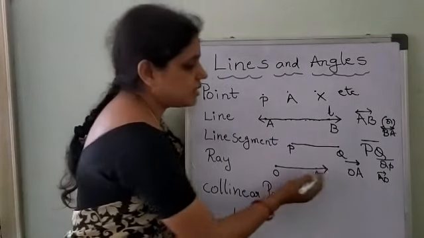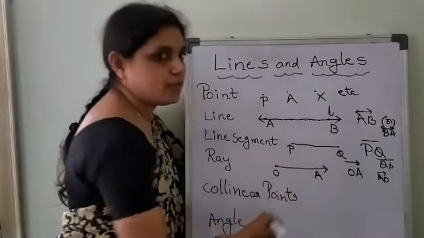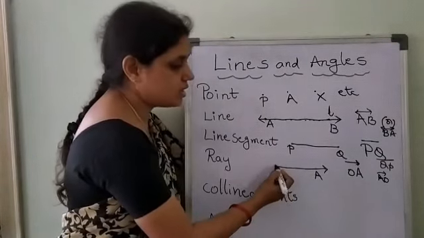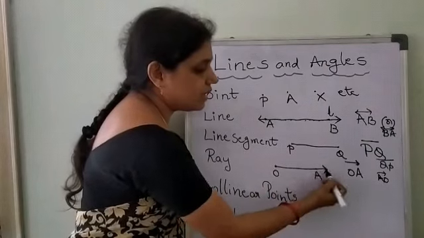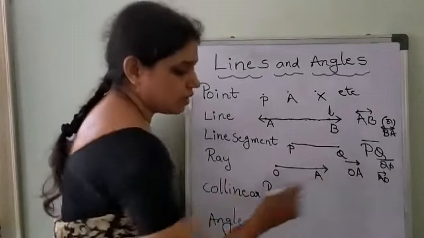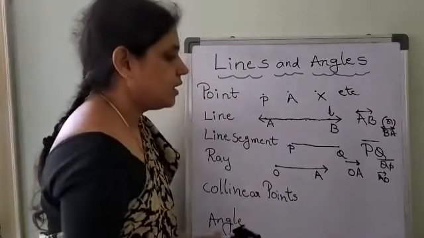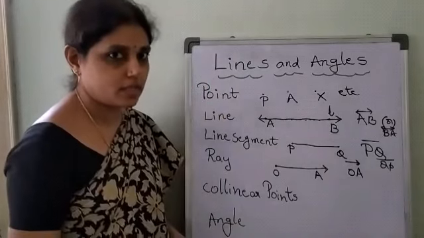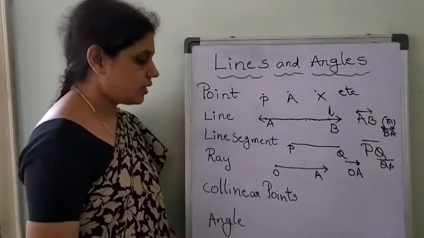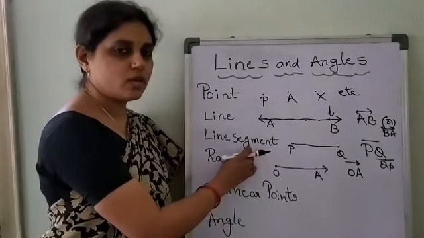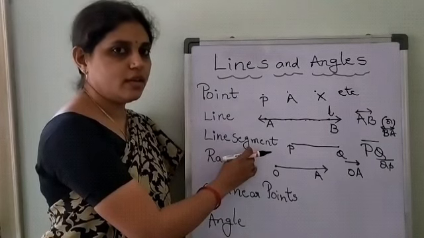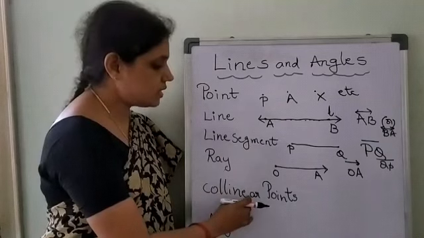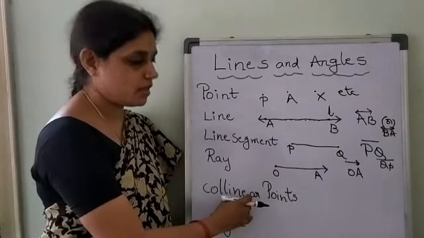Means what? In this direction towards A it can be extended, but not towards O. So here O is the starting point and in the direction of A it can be extended. So both are not at all equal. Ray we cannot reverse like that, whereas line segment and line we can do that representation. So ray is also a part of the line with one end point.